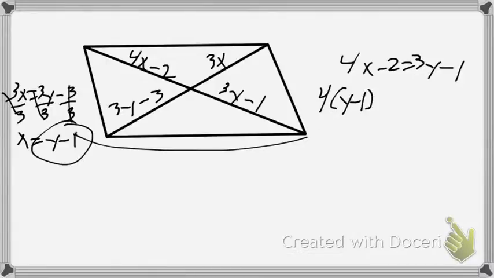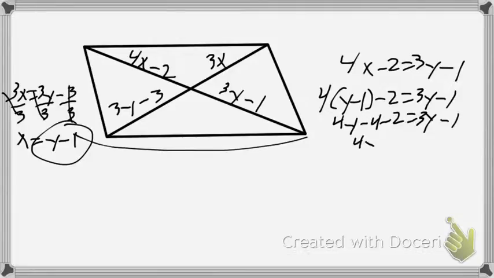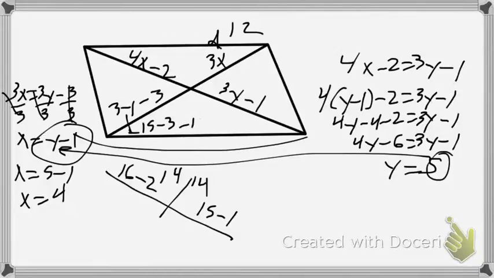So we get 4 times y minus 1 minus 2 equals 3y minus 1. 4y minus 4 minus 2 equals 3y minus 1. 4y minus 6 equals 3y minus 1. Y equals 5. What I did there was I just jumped ahead, but we go over, plug that y back in. 5 minus 1 is 4.